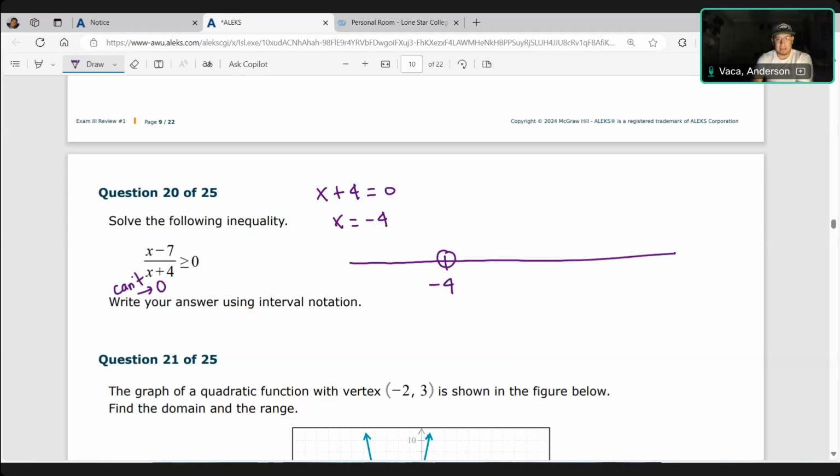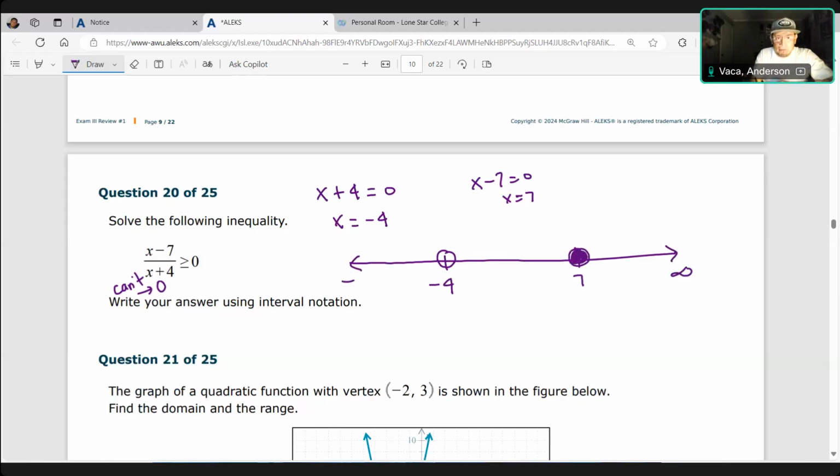All right, so let's see. x minus 7 equals 0. x is equal to 7. So the value, in this case, is 7. But this one, because we're not talking about the denominator, is actually going to be a filled-in circle. Why is that?